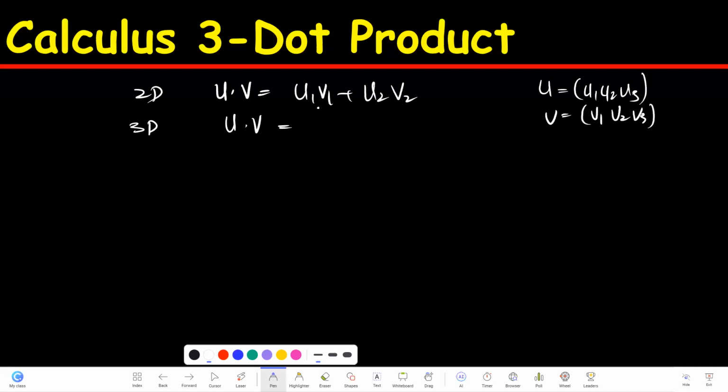These are the three-dimensional. So it's going to be u1 v1 plus u2 v2 plus u3 v3. Yeah, that is the three-dimensional dot product.